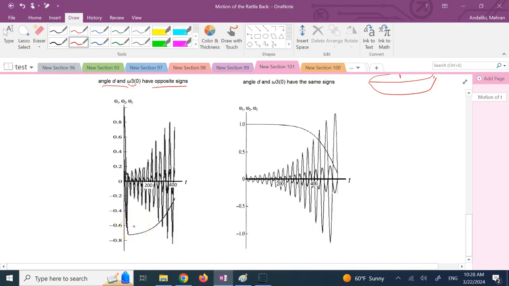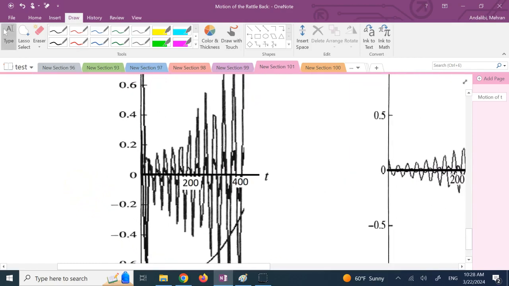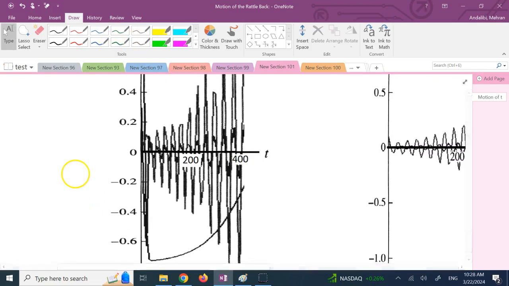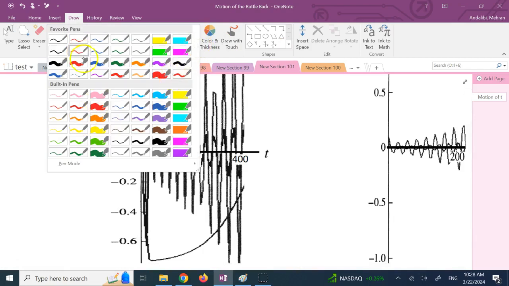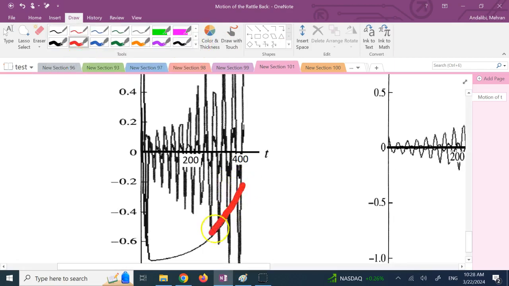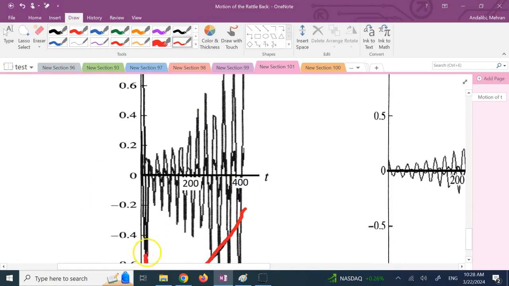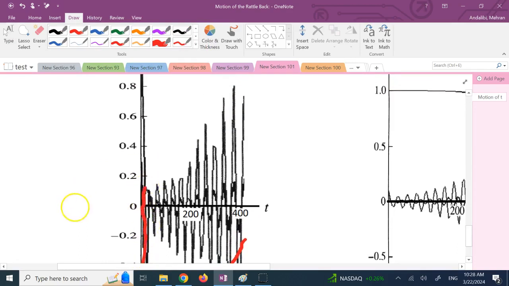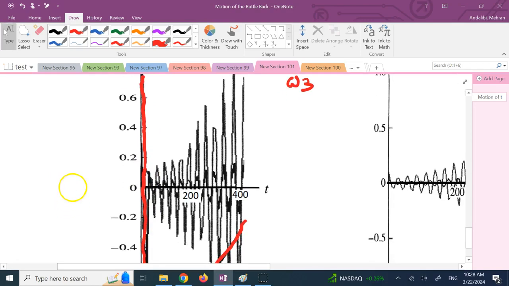there are three curves. I don't know if you can easily see them. Let me zoom in, because in the paper they did not use any color. But if I want, let's see if I can use color myself, hopefully. So I can add some color for you. This is your omega-3 in red. Okay, so omega-3 is in red, and then we have omega-1 and omega-2, and again, you have to look at the color.